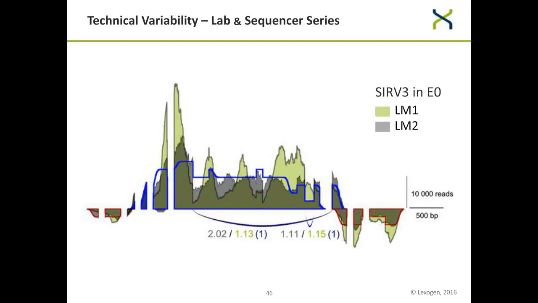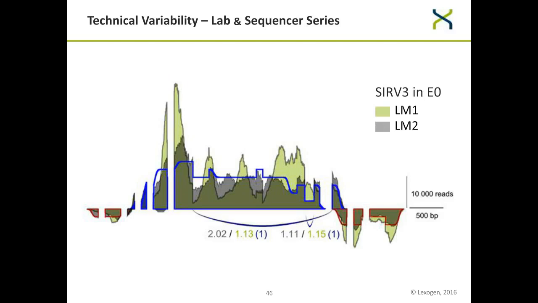It's very interesting to compare these coverages. These two coverages were derived from sequencing the same RNA at two different locations on similar but different platforms. So you see here the expected coverage in blue that accounts already for the edge effect, so that you do not have such a high mapping to the 5' and 3' end of the transcripts.